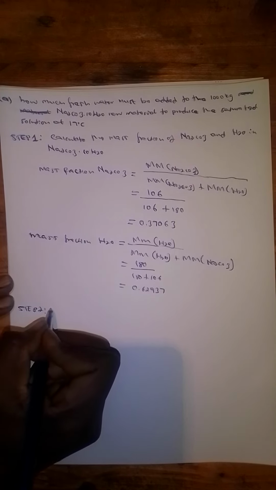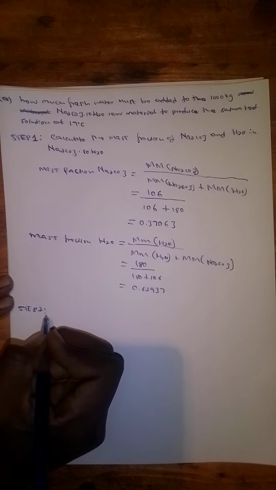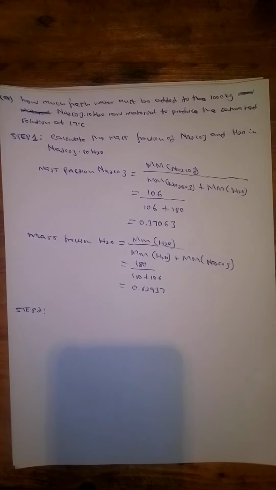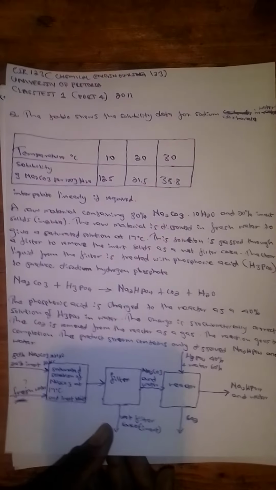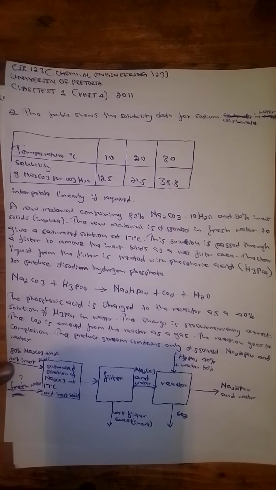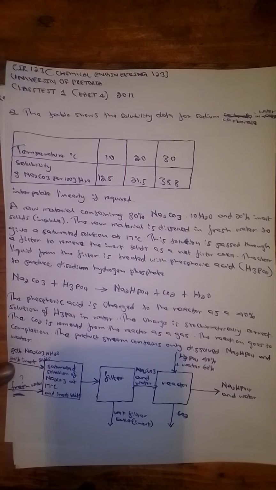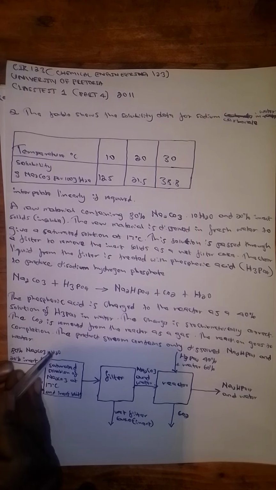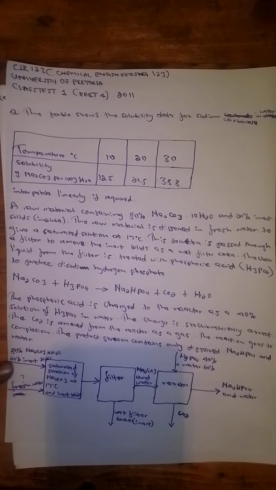Now in our step 2, we're going to calculate the masses of Na2CO3 and also H2O in the raw material. Now that we have the mass fractions of Na2CO3 and H2O, we actually want to know the actual masses of Na2CO3 and H2O in this whole raw material.